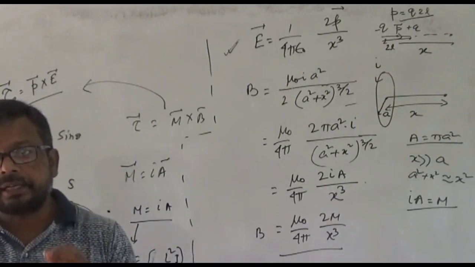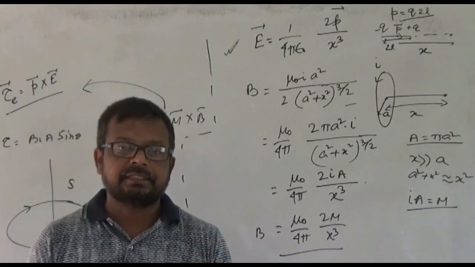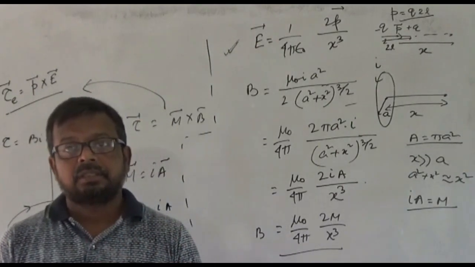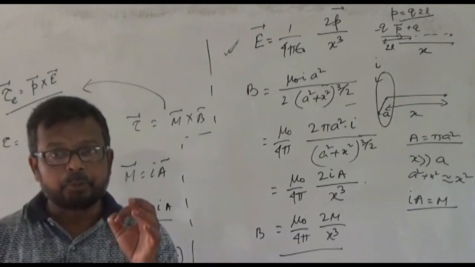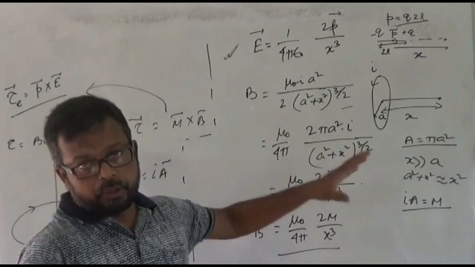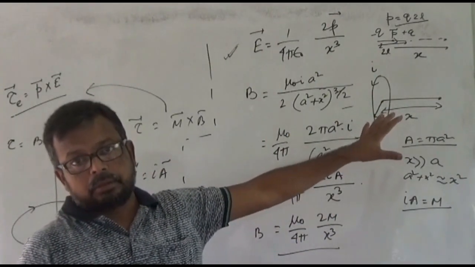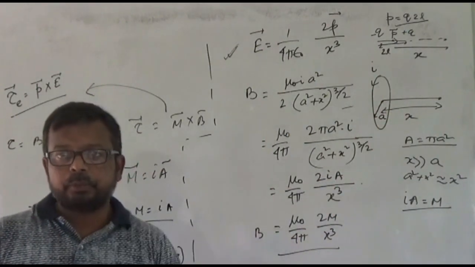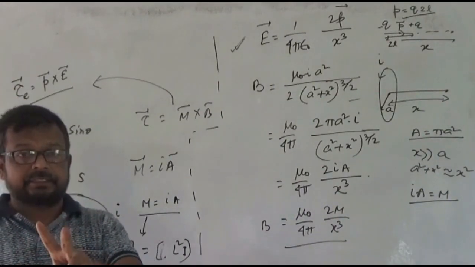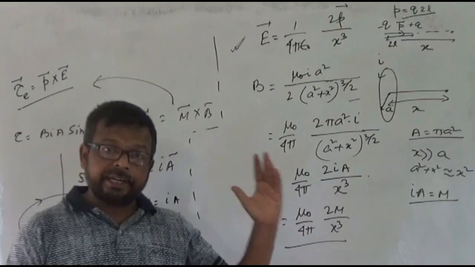The equivalent of electric charge, that is electric monopole. We know there is an electric monopole, but is there any magnetic monopole? Right? This is the main difference between electric and magnetic.